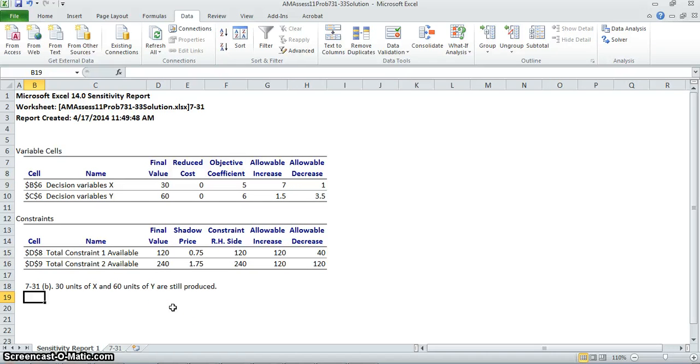If we still produced 30 units of X, but the profit increased by $3 up to $8, we would have an increase in profit of 30 times 3, or 90.